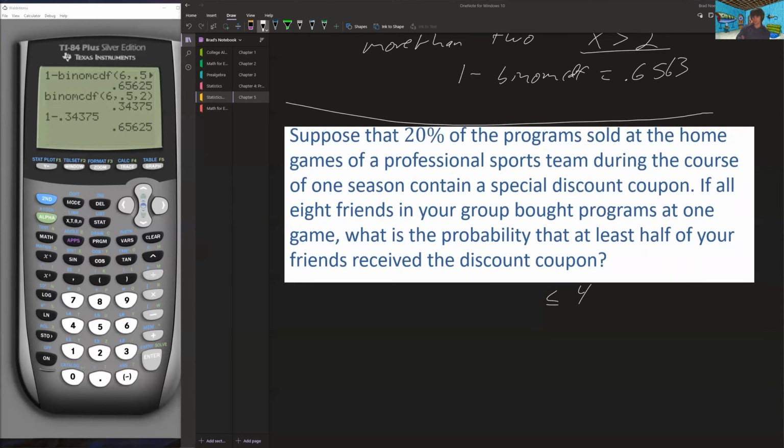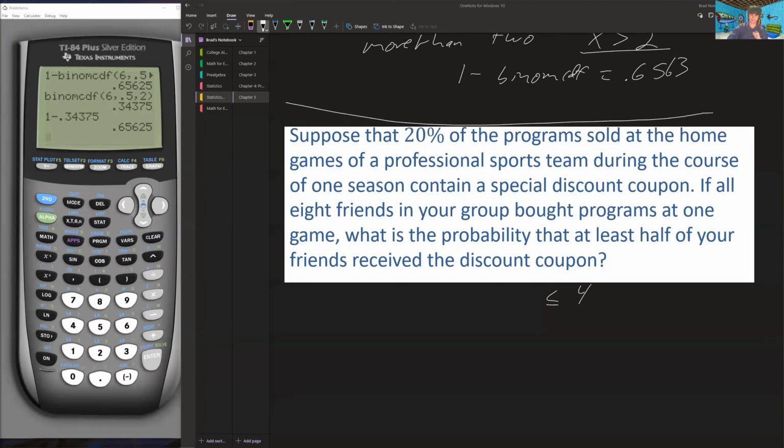Now, we have to be a little careful here. Let's just double check here. If all 8 of your friends bought programs, what is the probability of at least half? Okay, so we want 4 or more here.